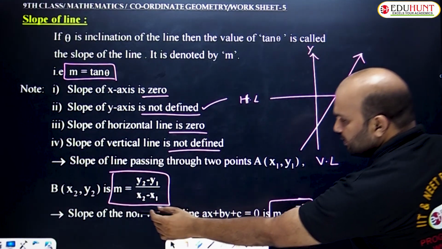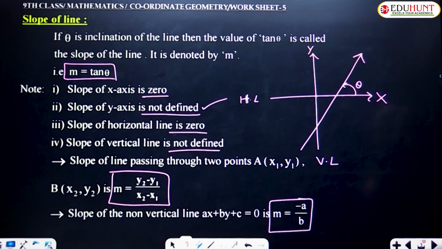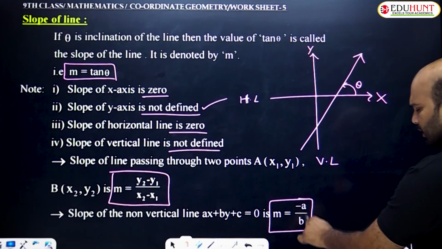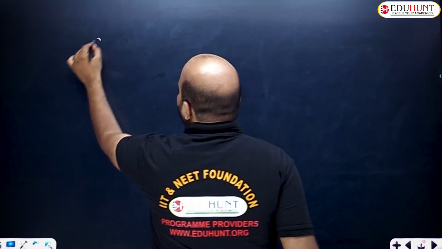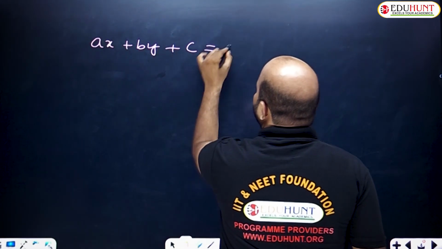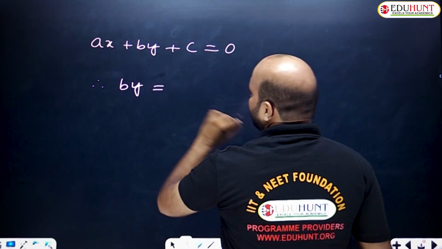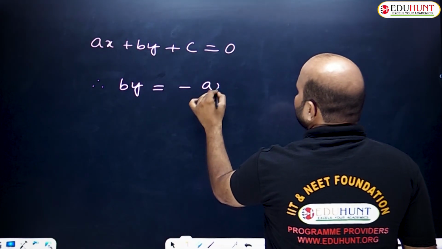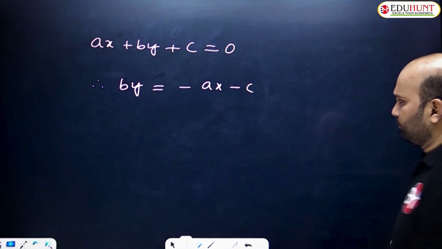Next, the slope of the non-vertical line ax plus by plus c equals 0 is m equals minus a by b. How do we get minus a by b? From ax plus by plus c equals 0, by equals minus ax minus c, because the ax term and the c term go to the right side and become negative.